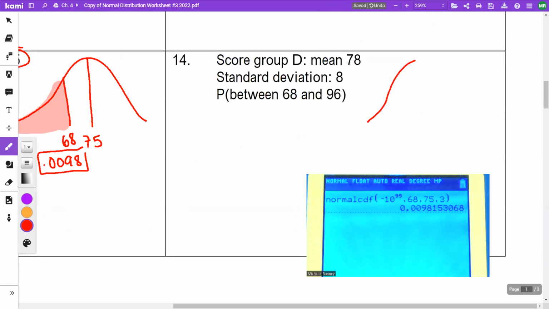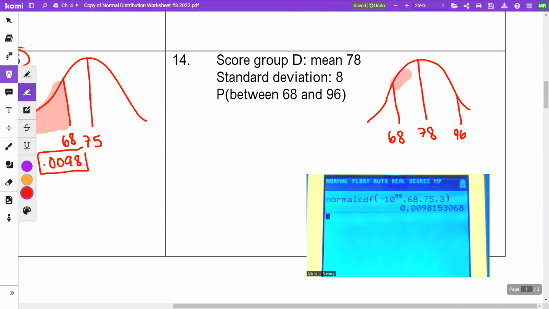On 14, 78 is the mean. Standard deviation is 8. We want it between 68 and 96. So this is what we're looking for, this shaded region.